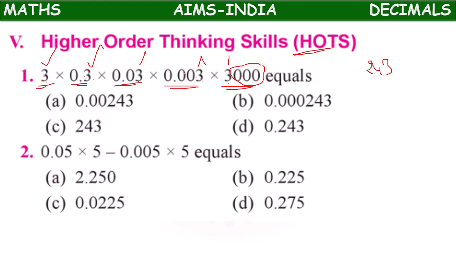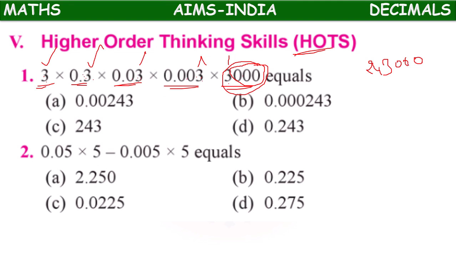243 we are getting. But in this numeral, we have 3 zeros after this number. So in the product, we have to keep 3 zeros: 243000. Now, decimal places we have to count. Here 1, here 2, here 3. Means 1 plus 2 plus 3, 6.